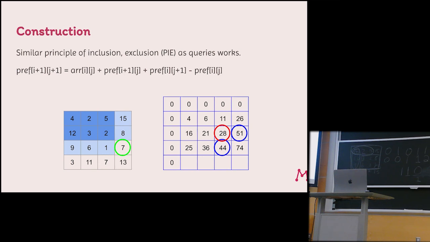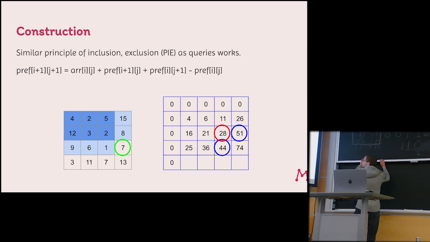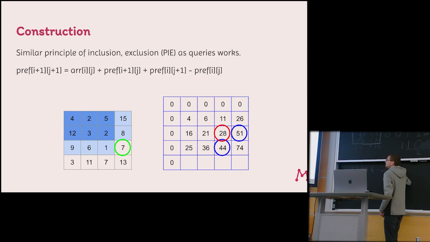So then we subtract the 28. The computation is 51 plus 44 minus 28, and then we add the 7 because the 7 is the actual new value that we have. And this should get you 74, right? Because we had this rectangle plus this rectangle minus this rectangle plus that one additional value. Does that make sense? Yeah.